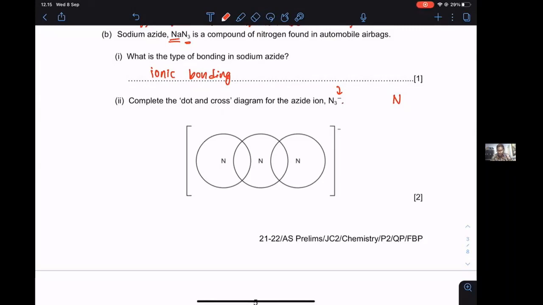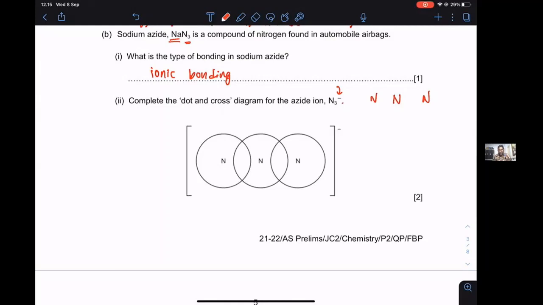In order to do that, I will suggest to think in this way. Nitrogen, I have 3. I know in the center, always start from the center. In the center, I need to have 5 valence electrons. I will just need to share, left and right, and I will always think about sharing equally.